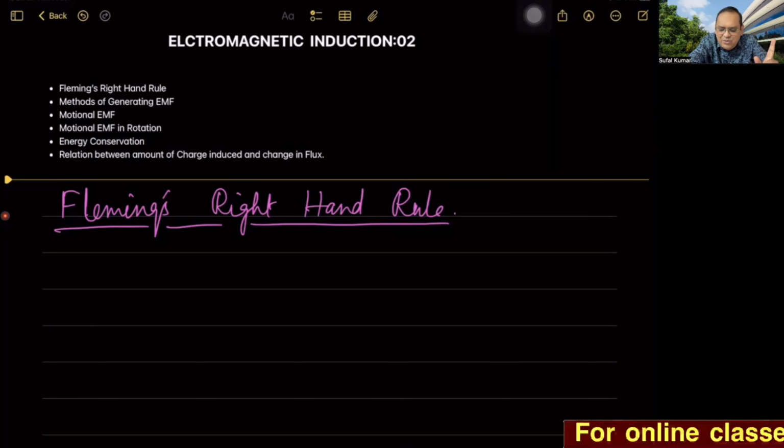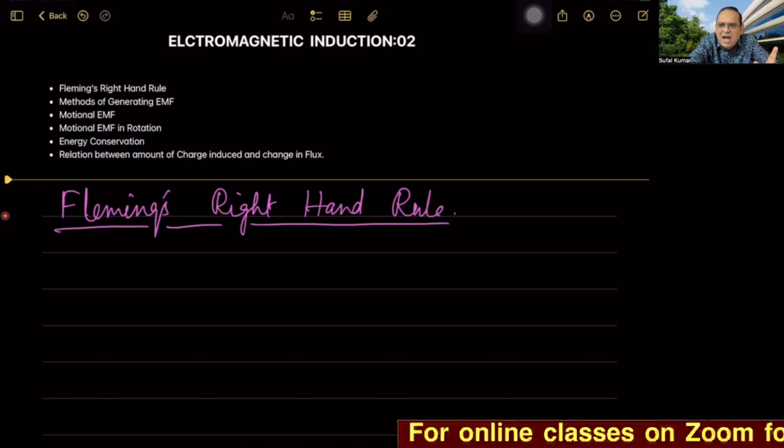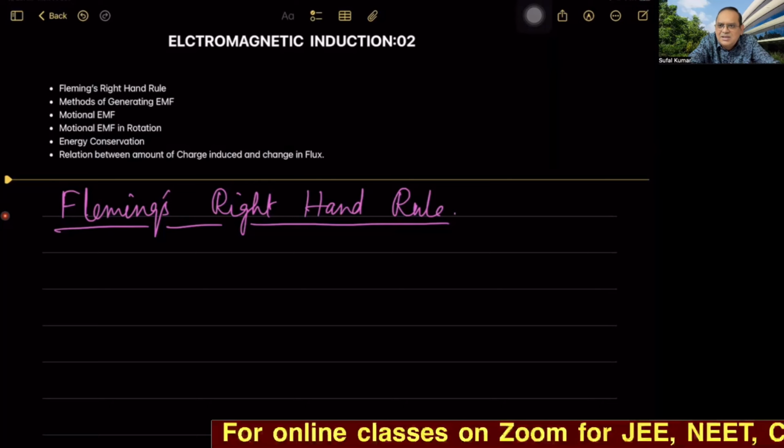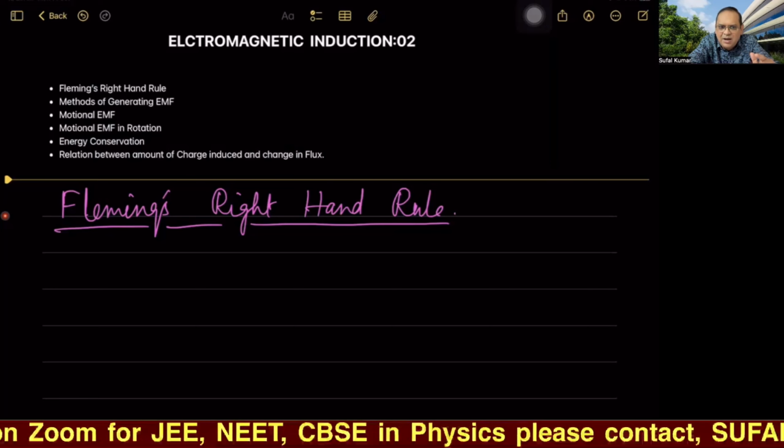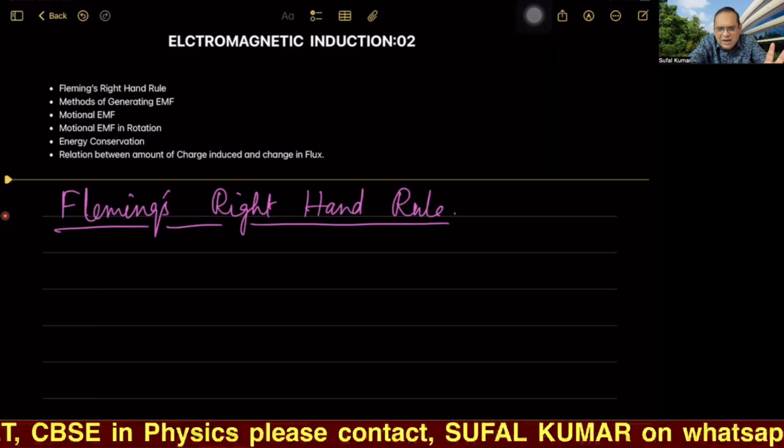Fleming's left hand rule was FBI, that means force, magnetic field, and current for thumb, index, and middle finger.